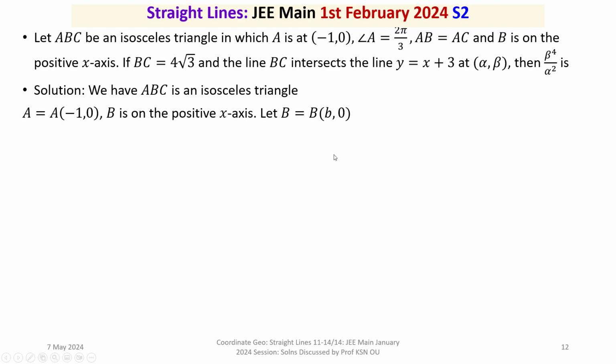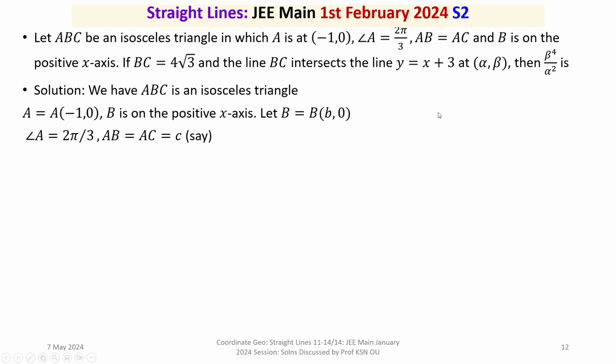Small b must be positive. And angle A is given to be 2 pi by 3. Because it is an isosceles triangle, AB is equal to AC. Let us say the side AB will be called small c because it is opposite to angle C, therefore it is denoted by c. AB is equal to AC, therefore it is equal to c, say.